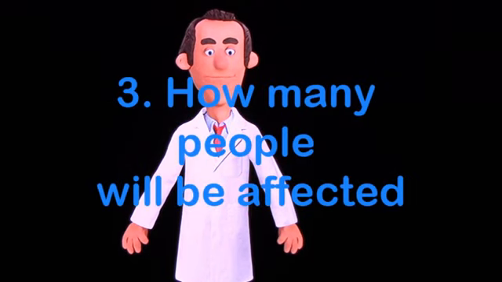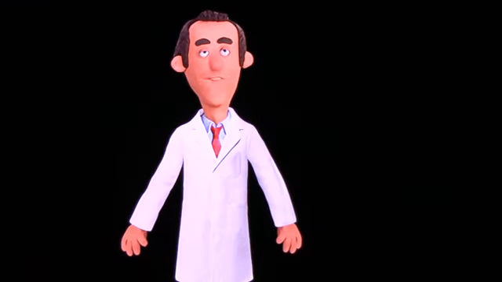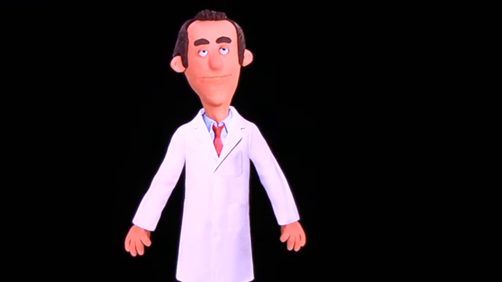We also need to know how many people are expected to be affected without medical intervention. There you can see the epidemiologists working to answer this question, because they report the disease as incidences over time. They record cases, they make graphs, and then try to predict rates of infection to advise the population.